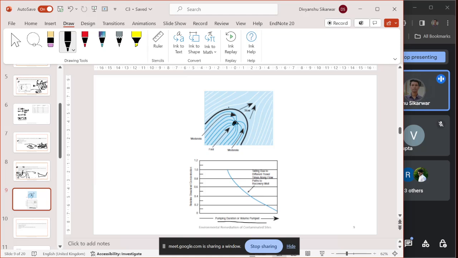So here the velocity toward the well will be low. Because of that, the contaminants near the well get removed quickly.